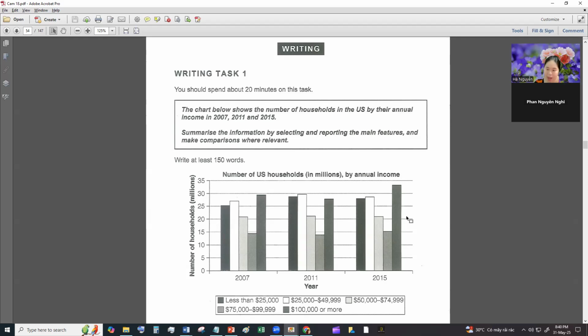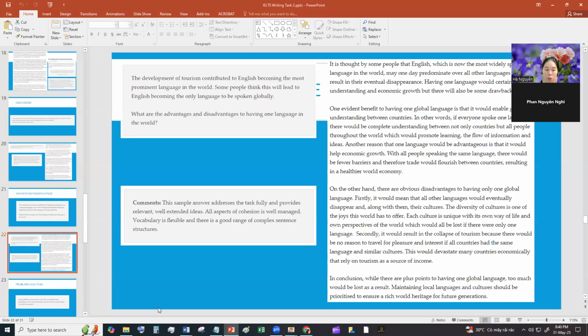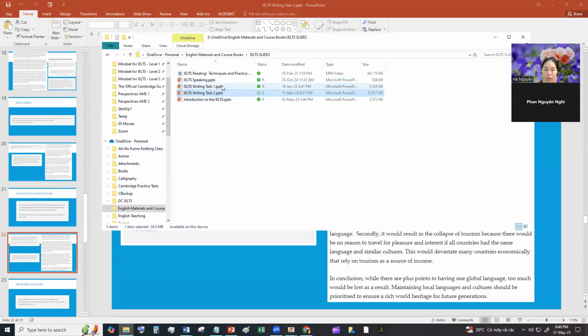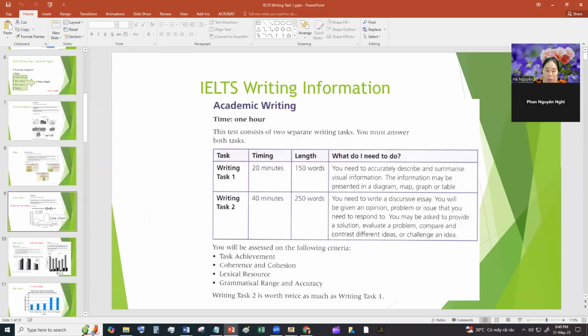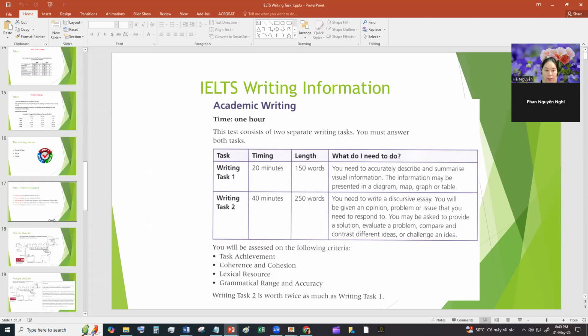You also have to compare the different income levels with each other. So I would suggest you follow a logical grouping. So what I mean by logical grouping, so remember that I told you for task 1, you need to divide your body paragraphs into 2 or 3 body paragraphs, right? So let me see the outline.